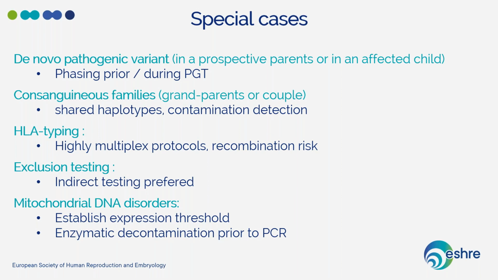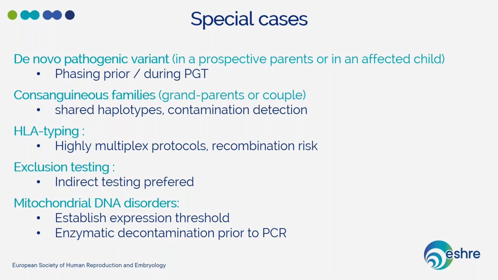Recommendations were added for specific cases. For de novo mutation, phasing is possible during or prior to PGD. Consanguineous families, where informativity is limited by shared haplotypes and contamination detection has to be reinforced.